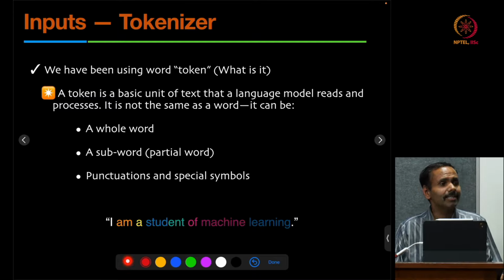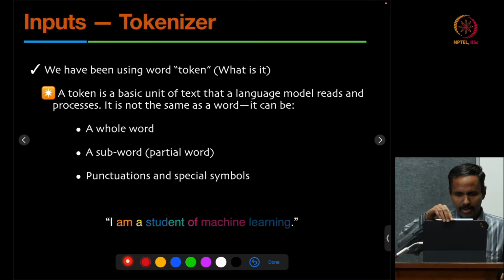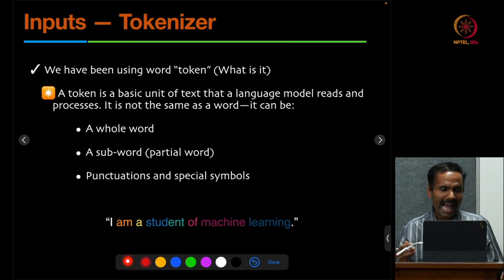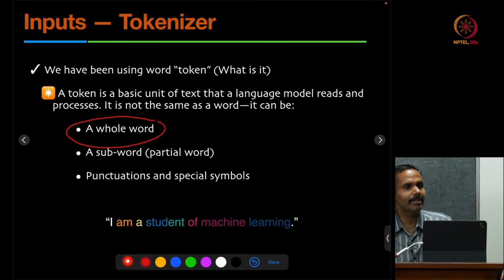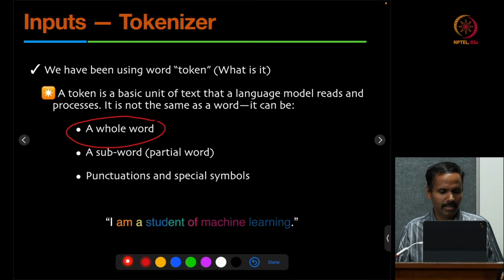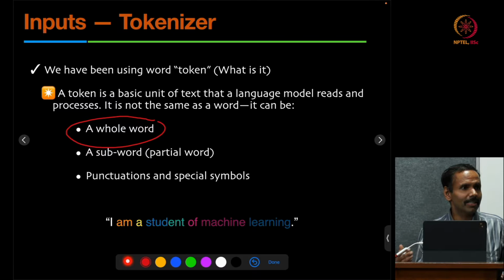It turns out that you can do some sort of data driven modeling of fundamental units for efficiency of representation. So instead of modeling alphabets, characters, your ASCII string or Unicode string, in the tokenizer world you can model whole words, subwords, punctuation, and special symbols.